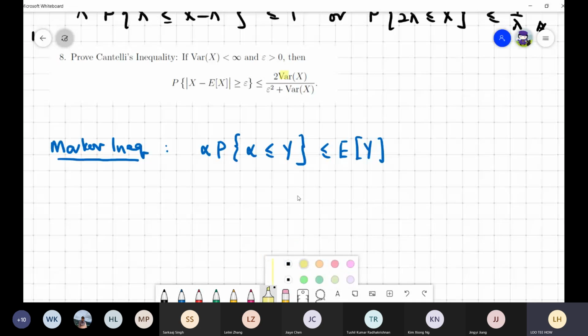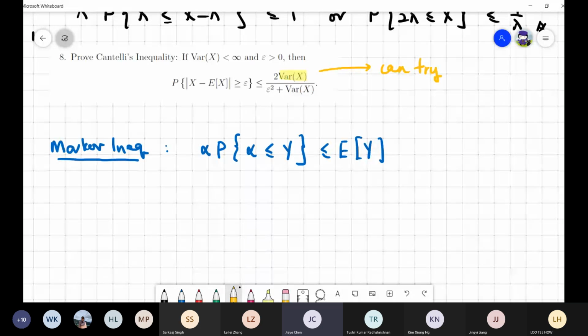So then maybe you can try y equals to x minus mean square. So because of the variance, yeah, maybe that's the way.